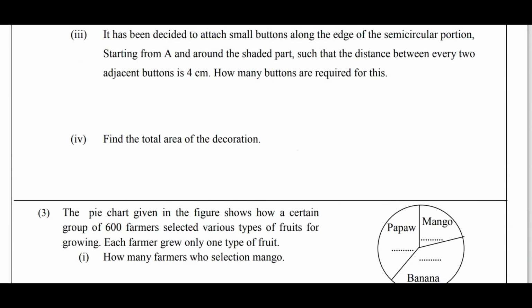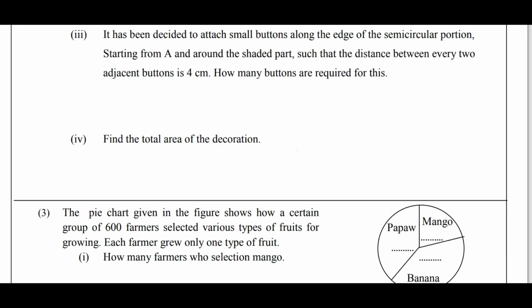In part 3, it has been decided to attach small buttons along the edge of the circular portion starting from A end around the shaded part, such that the distance between every two adjacent buttons is 4 centimeter. How many buttons are required for this? That means they are willing to attach small buttons only on the AB arc.